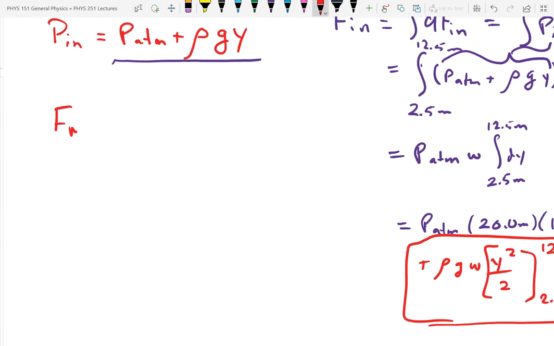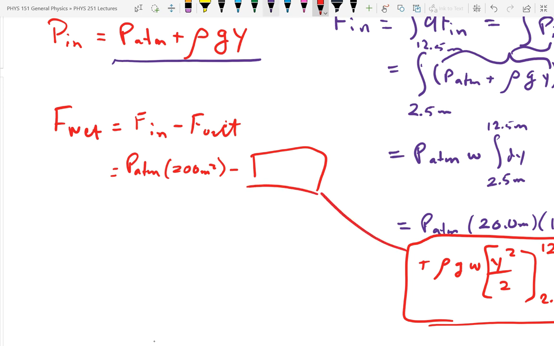For the net force, that's going to be equal to the force in minus the force out, right? Because they're going in opposite directions in my picture. So that's going to be equal to pressure atmosphere times 200 meters squared minus the stuff in that box.